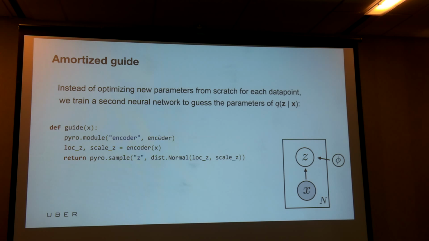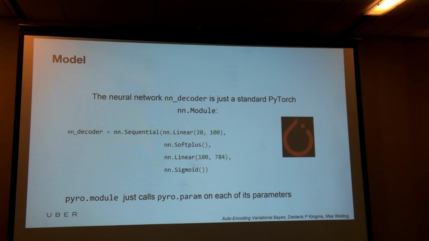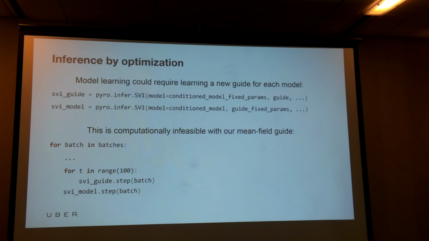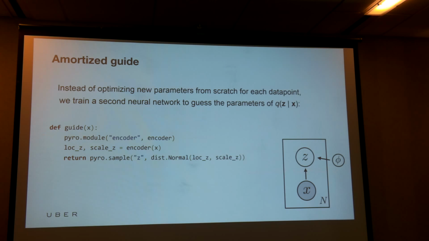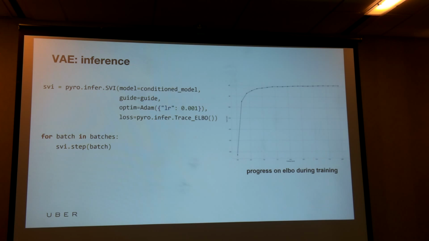And once again, there's nothing fancy about the encoder. It's just another PyTorch neural network. It looks exactly like this, except sort of in reverse. And then we proceed as before.